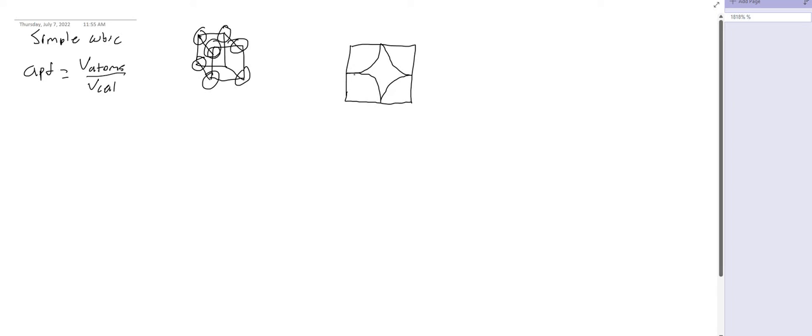So the atoms are touching. Now what we're going to do is going to involve some 3D visualization, and I'm not sure how best to show that with drawings instead of little figurines, but we'll see how well we can do.